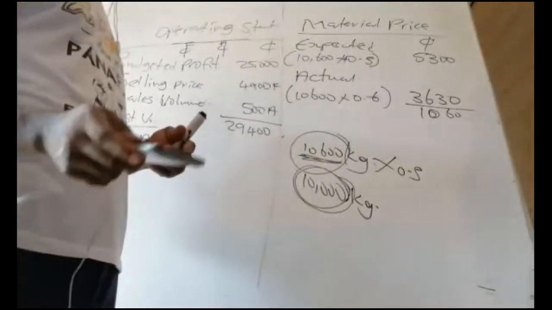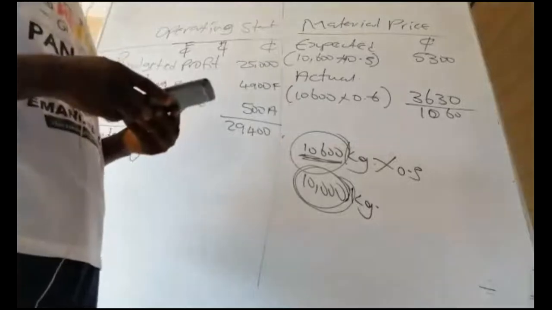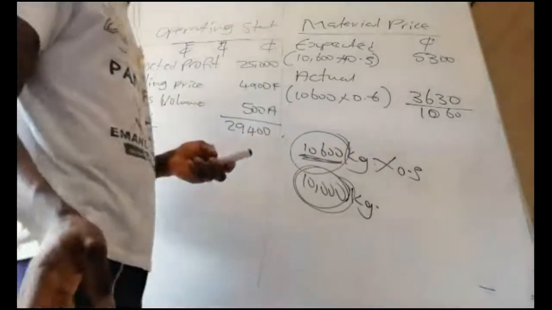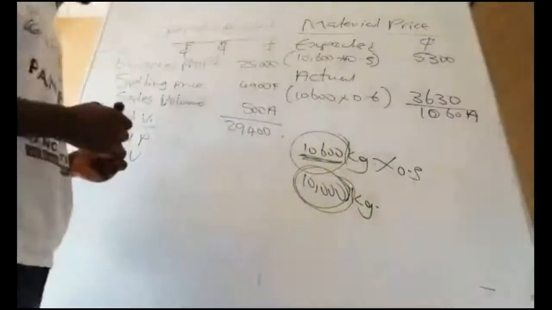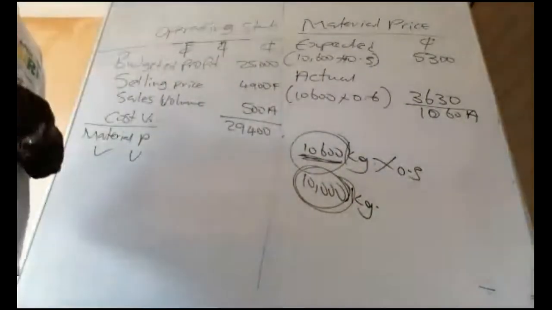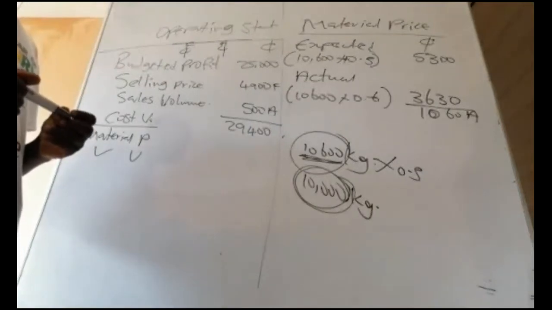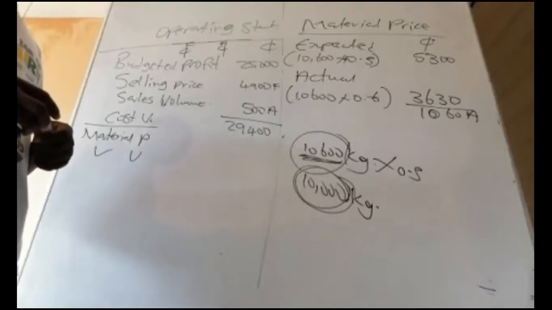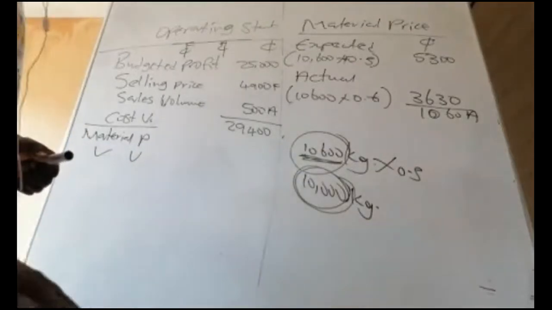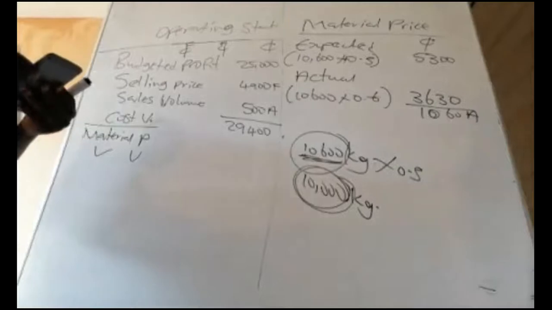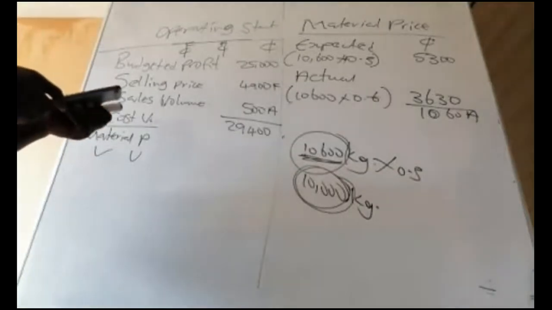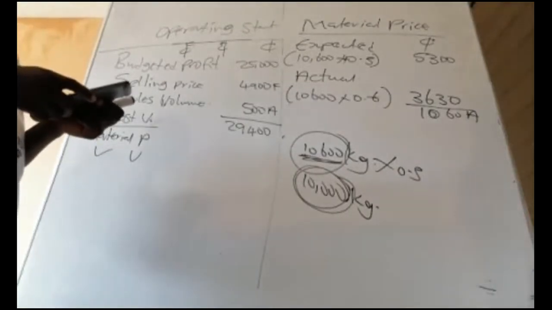This minus this, so 5,300 less the answer. That's 1,060. That will give us adverse. The 10,600 times 0.6 is 6,360. It's true.